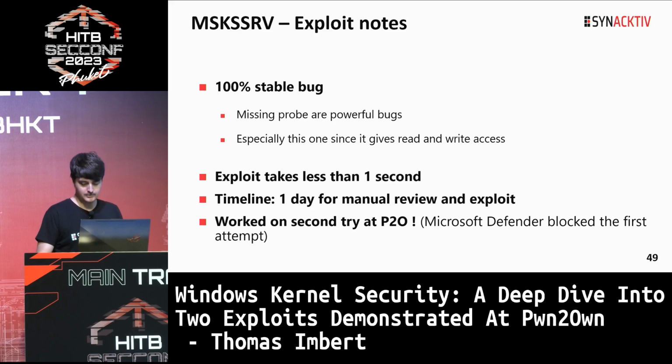So this is a really nice bug. Missing probes are usually very nice bugs because they give you either arbitrary read or arbitrary write in the kernel. This one is nice because we get both read and write, and we can control the values we write. And so this is 100% stable.